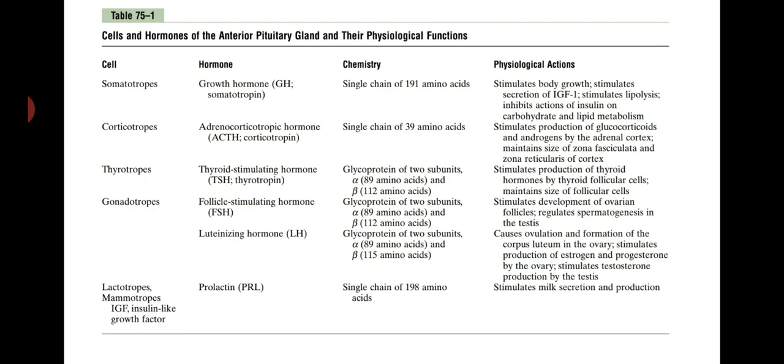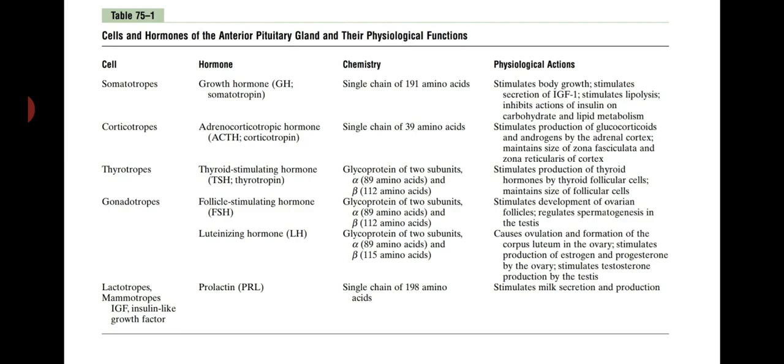Then the next hormone is thyroid stimulating hormone or TSH, also known as thyrotropin. It is a very important hormone produced by thyrotropes. This hormone controls the secretion of thyroxine and triiodothyronine by the thyroid gland.